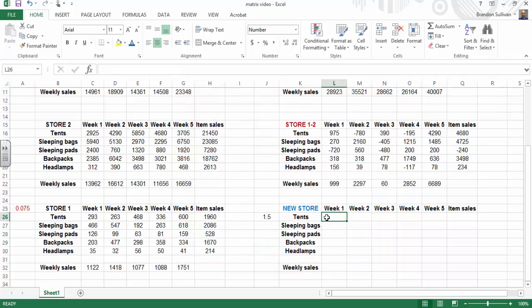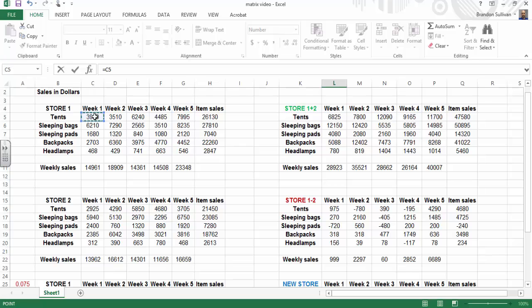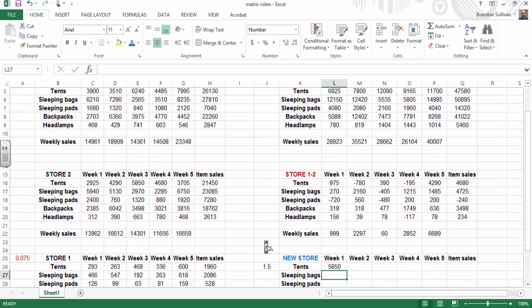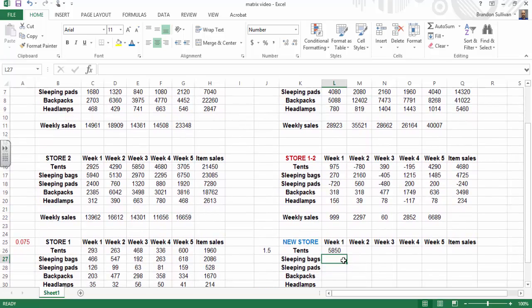So here, I can look at the number of tents sold week 1 at store 1, and I can multiply that by 1.5, and we now expect, instead of selling $3,900 worth of tents, we would sell closer to $6,000 worth of tents because of the larger market size.